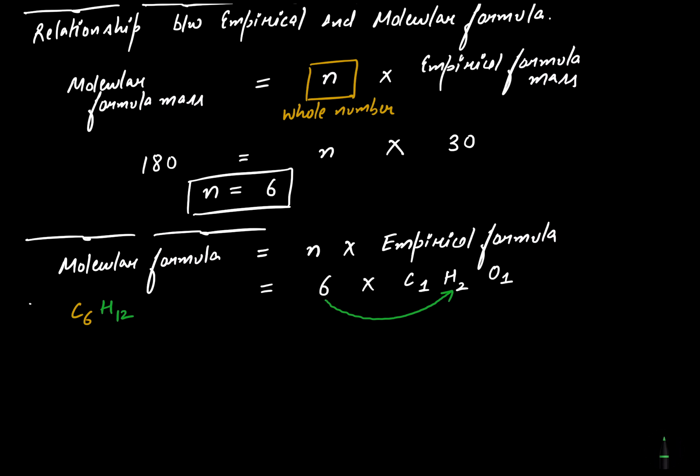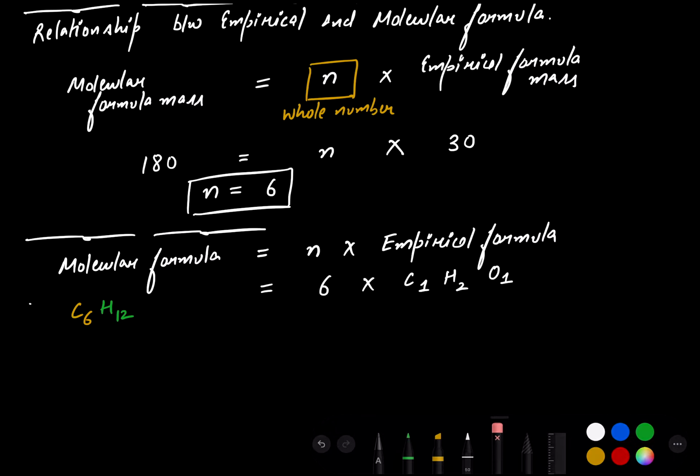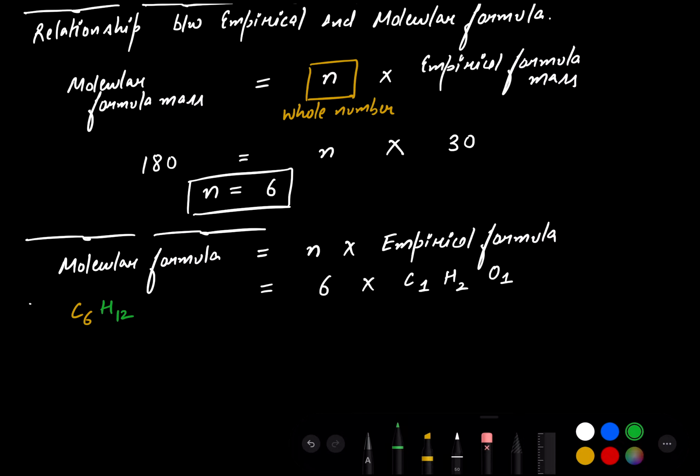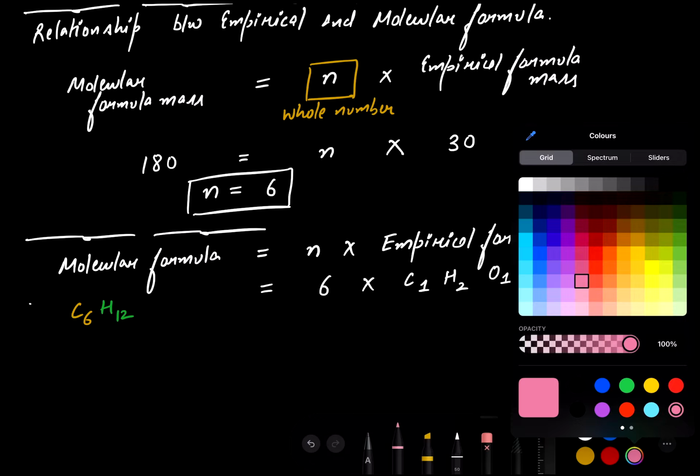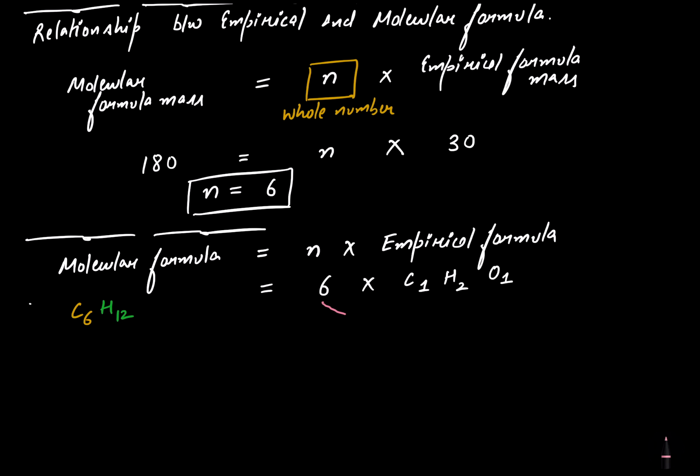Now let's talk about the oxygen. I'm going to multiply this 6 with number of atoms of oxygen. It comes out to be 6 ones are 6. My oxygen comes out to be 6. So I got my C6H12O6. Hopefully, my dear students, you got this thing.